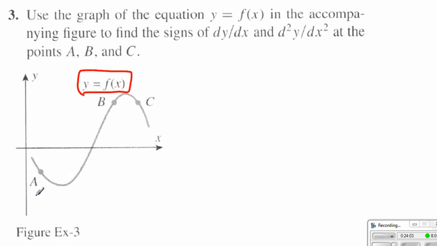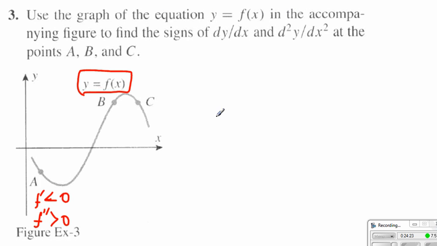At A, f prime, the first derivative, is negative because it's going down, but the second derivative is positive because of the positive concavity, meaning we still cup up in this section.